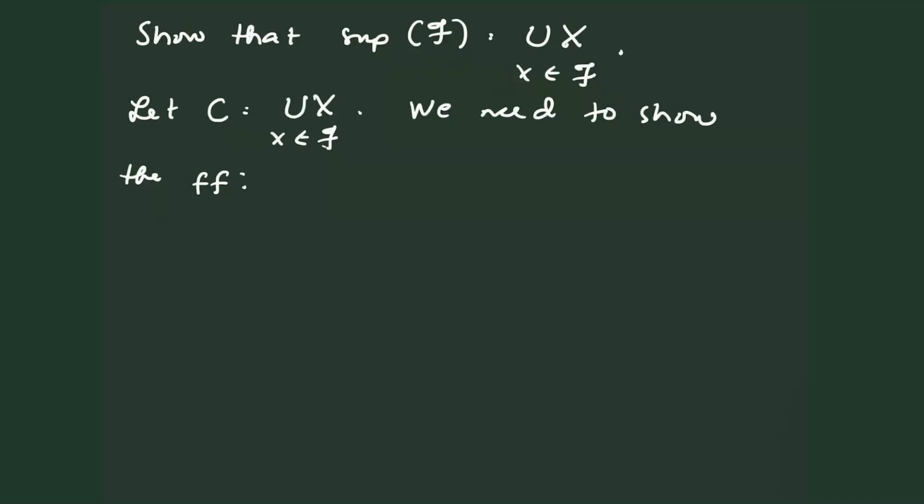Suppose, just for easy writing, let me denote this by C. How do we show that C is the supremum? First, we want to show that C is an upper bound for F. What does it mean for C to be an upper bound for F?